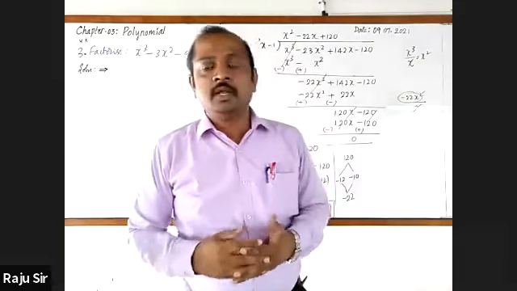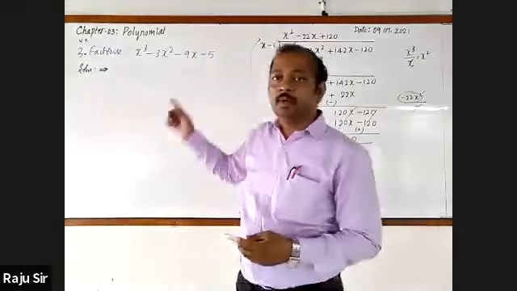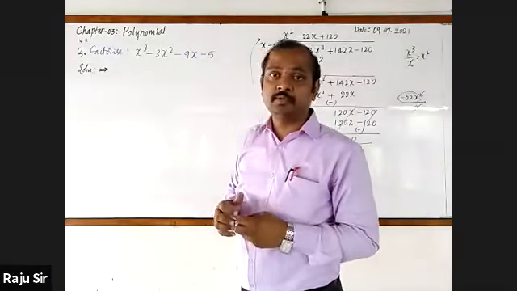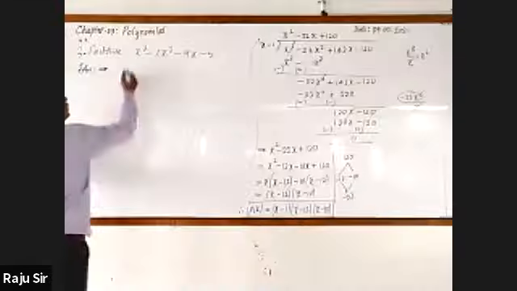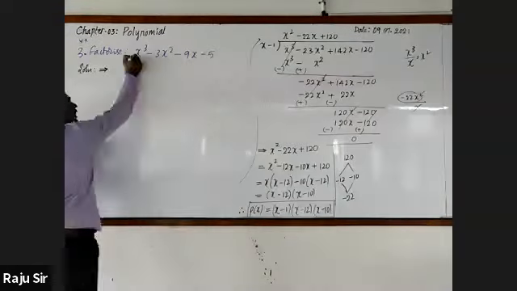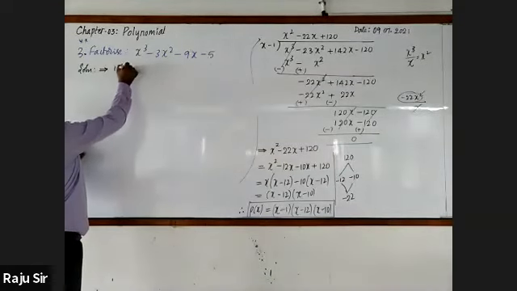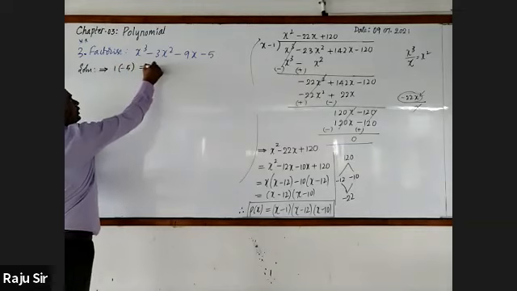Niharika, what is the first step? We should multiply the first coefficient and the last term. What will be the product? Minus 5. Very good. Here the first coefficient is 1 and the last coefficient is minus 5. So 1 into minus 5 is equal to minus 5.